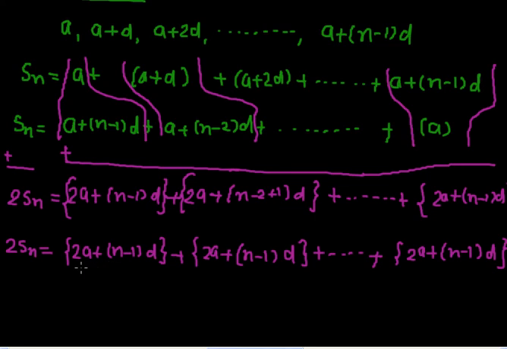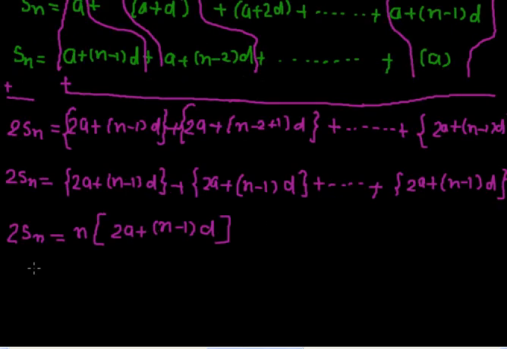So if we have n terms, that means we have n times 2a plus (n minus 1) into d. So I can write it as twice of Sn is equal to n times (2a plus (n minus 1) whole multiplied by d).